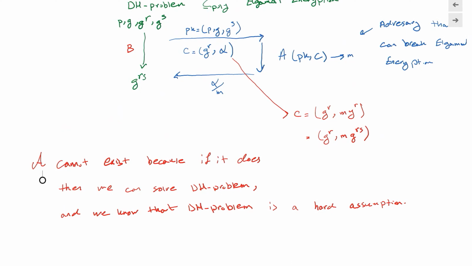But the problem is that we know the Diffie-Hellman problem is a hard assumption, so it contradicts our assumption in the beginning, and therefore A cannot exist.